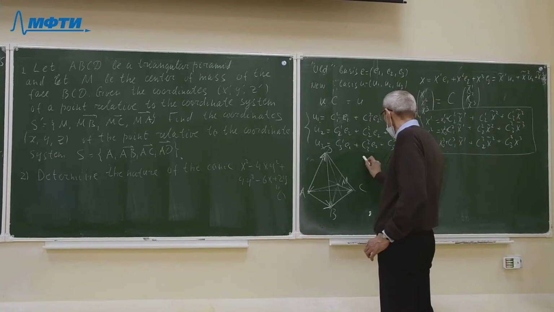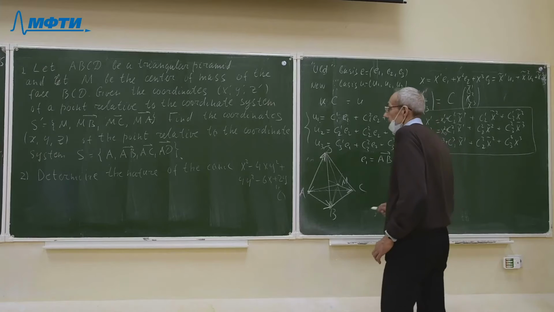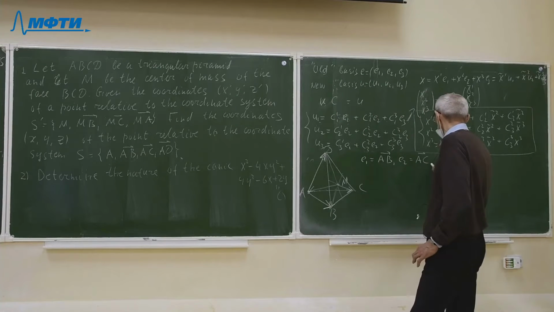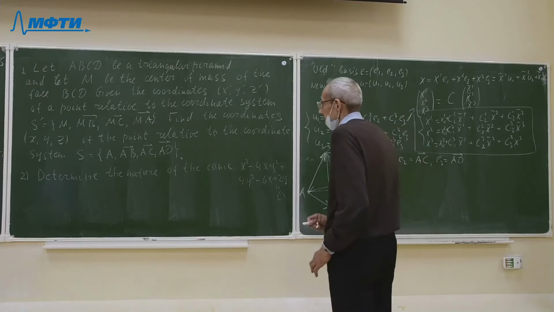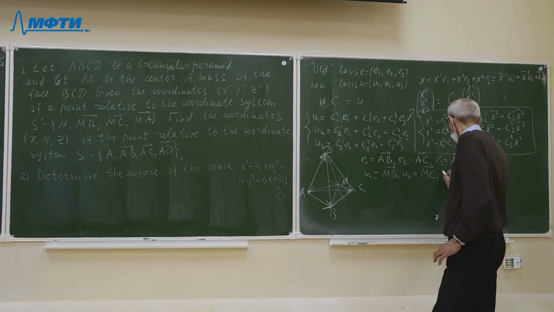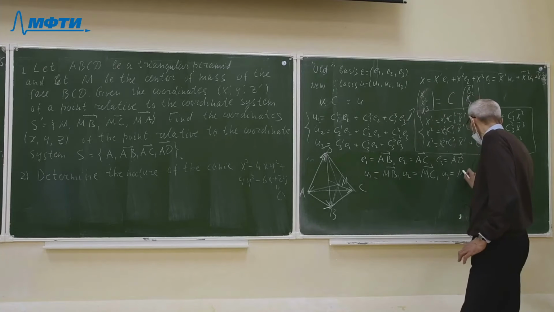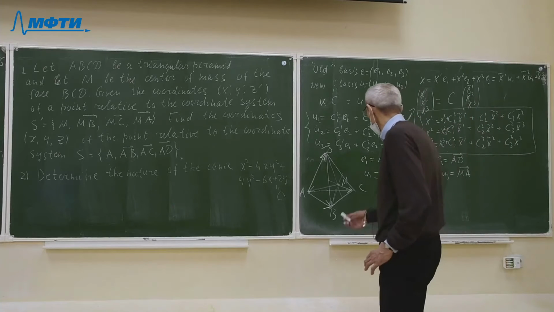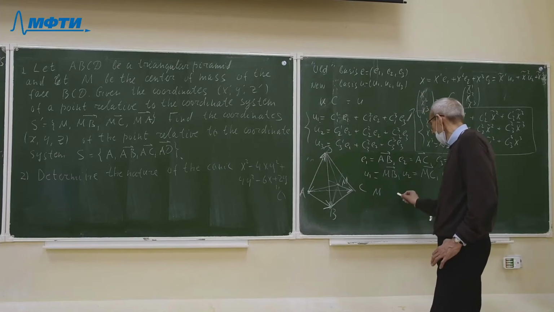In our example, E1 is AB, E2 is AC, E3 is AD, and U1 is MB, U2 is MC, U3 is MA. The origin is M, and the coordinates of this point M are equal to the coordinates of the vector AM.